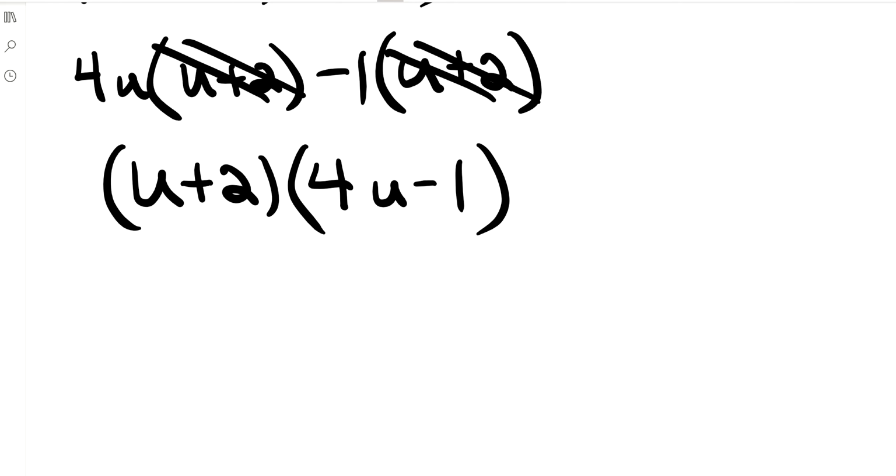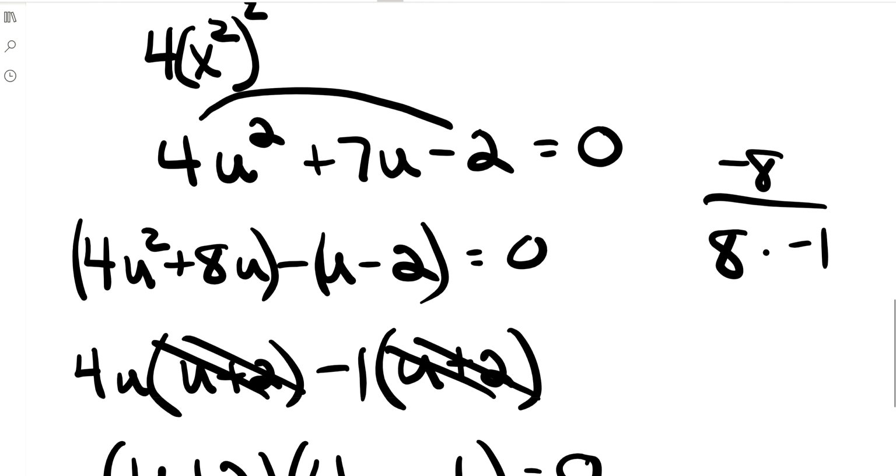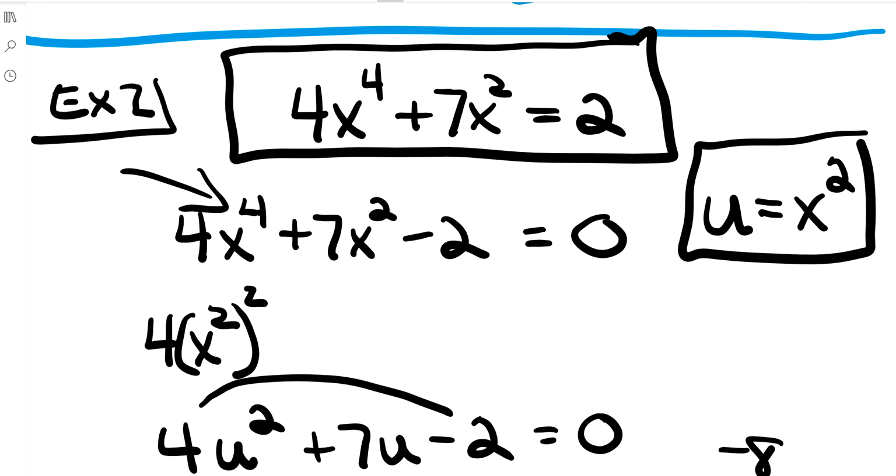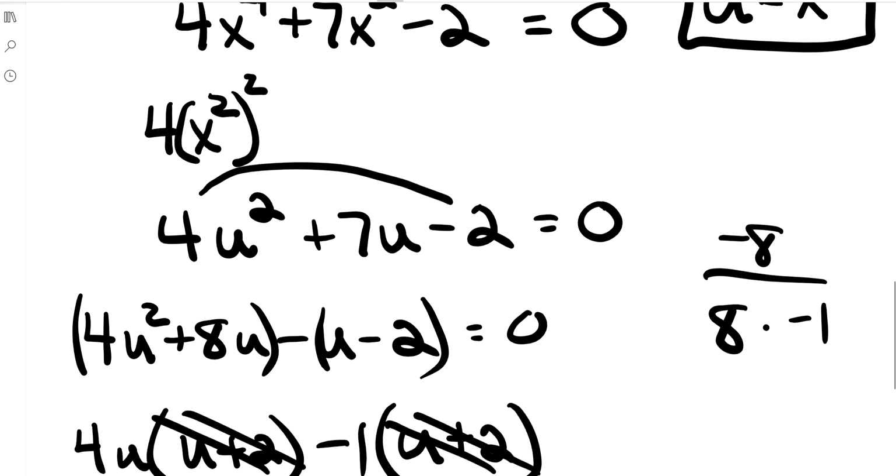Okay, so we've got this in terms of u, but we need it in terms of x. So I got to substitute back, that's a 0 there. That u equaled, what did it equal? X squared. So I'm checking on that. You do enough problems, you get mixed up. So I've got u equals x squared.